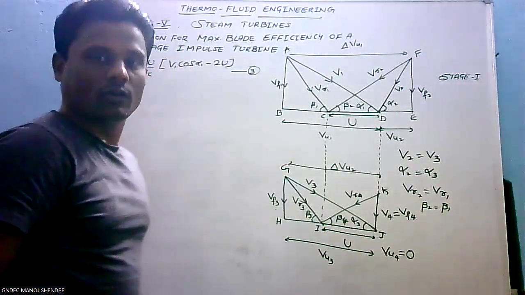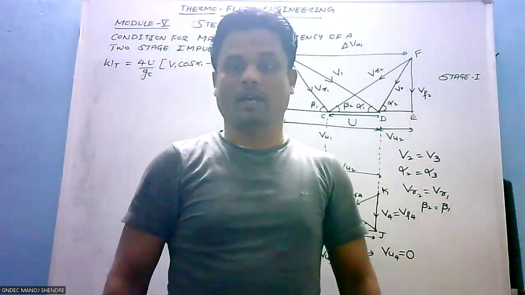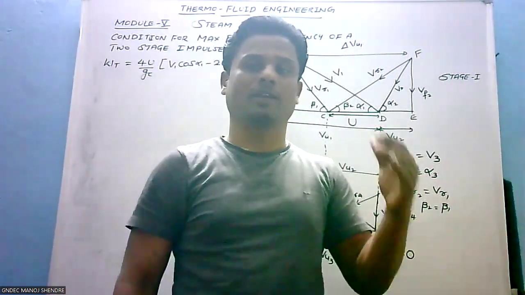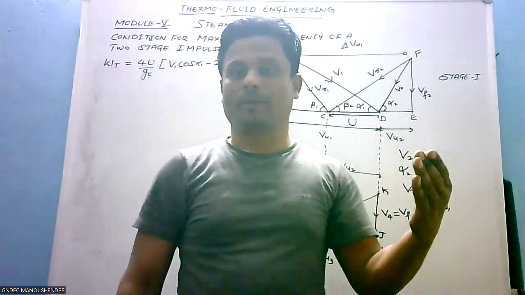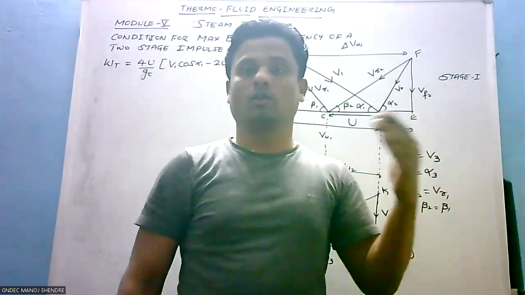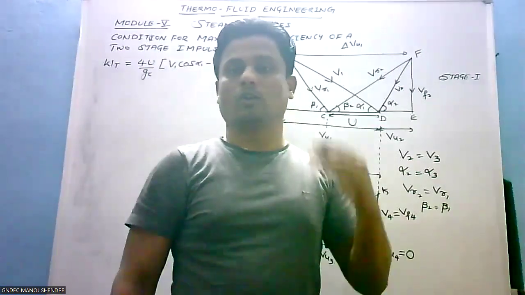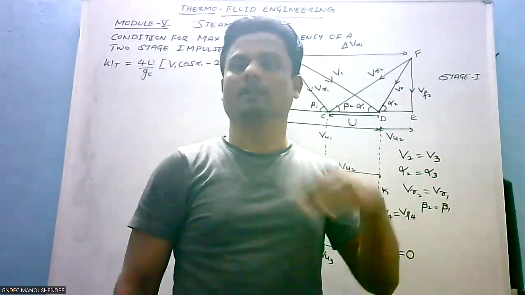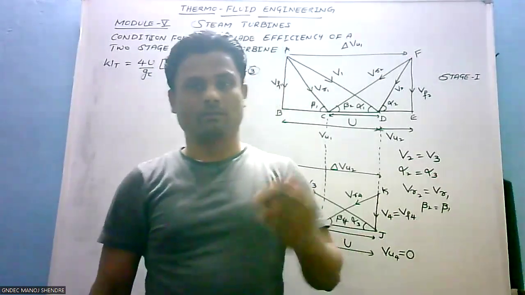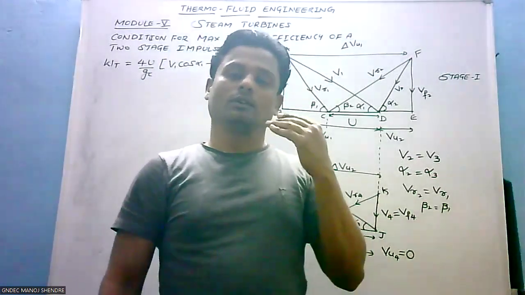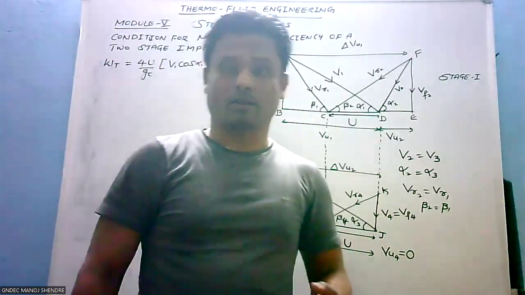Now, as per the definition, how can we define blade efficiency? The blade efficiency is the total work obtained from the turbine by the rotation of the blades or the runner, to the total energy supplied to the runner or the blades.